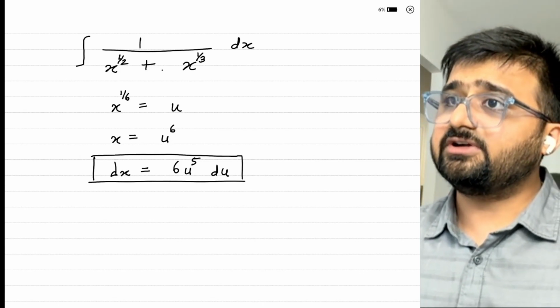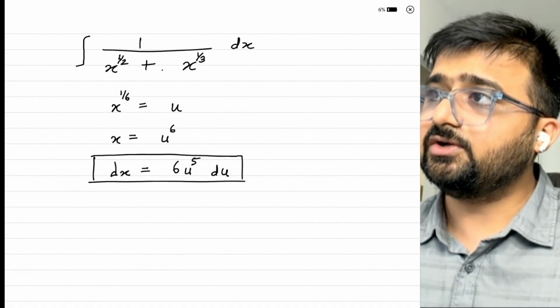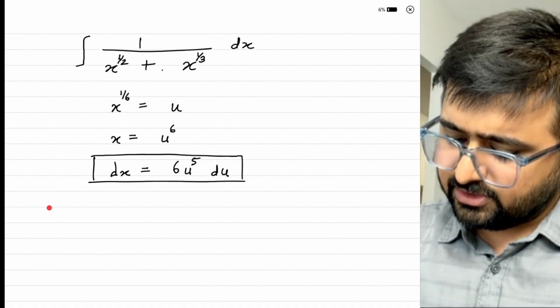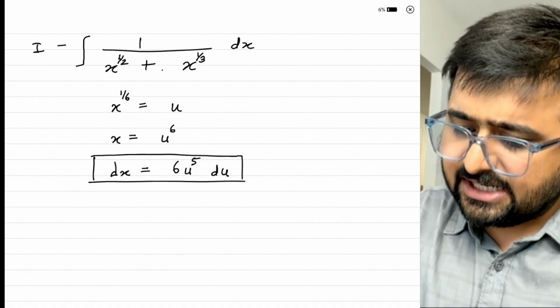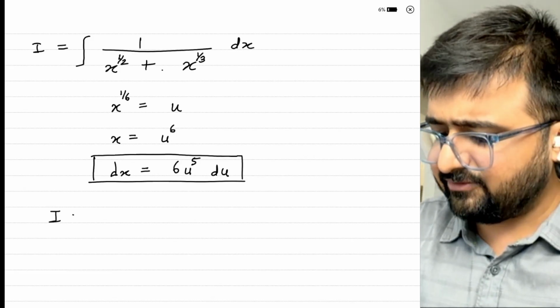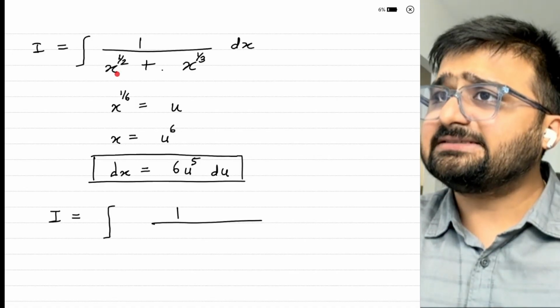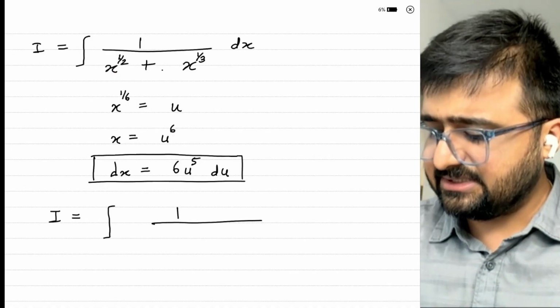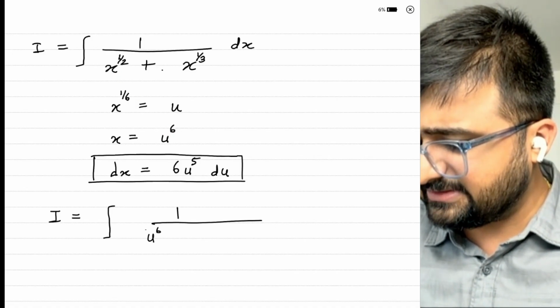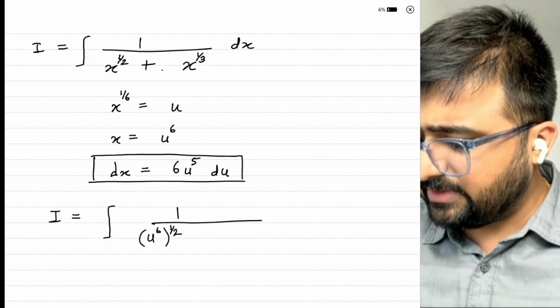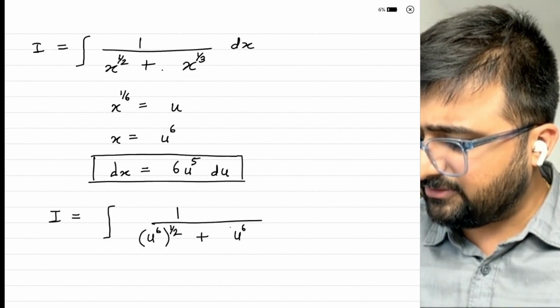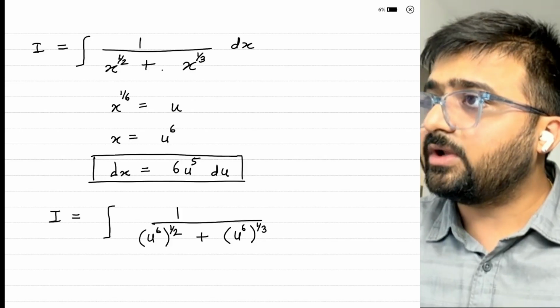Now let's convert that integral from the x world to the u world and see how it looks. If that integral was I, now I becomes the integral of 1 over, instead of x, just write u to the power 6. So you have u to the power 6 to the power 1 by 2 plus u to the power 6 to the power 1 by 3.